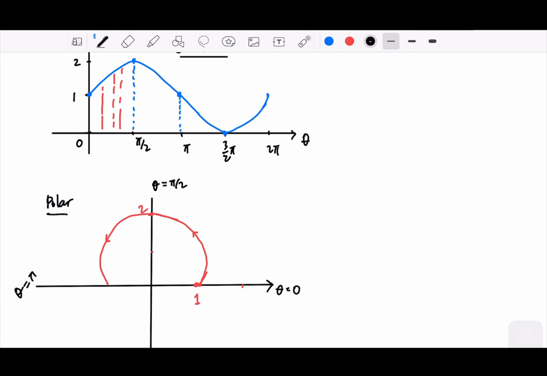And then, when it reaches 3 pi over 2, as we see from the Cartesian, it's reached 0. So we will go like this. Okay. And then it's going up until 1, which is perfectly matched with this one. Okay.